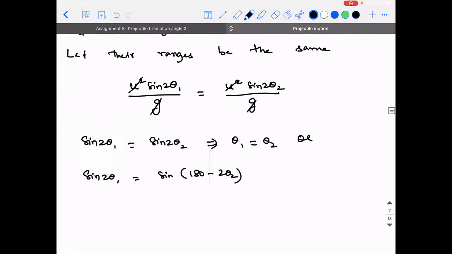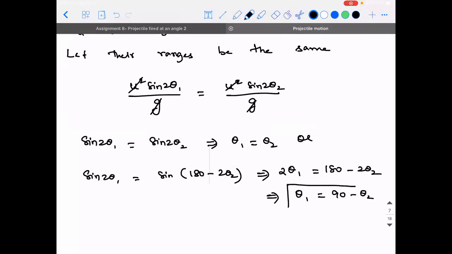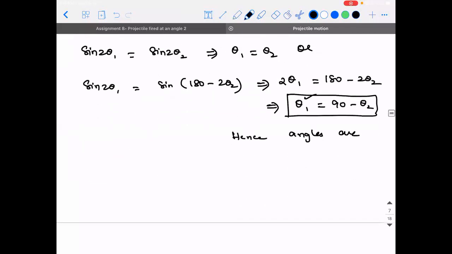So sin 2 theta 1 is equal to sin of 180 minus 2 theta 2, which implies 2 theta 1 is equal to 180 minus 2 theta 2. Then theta 1 will be equal to 90 minus theta 2. Means if one of the angles is theta 1, the other angle will be 90 minus theta 1. You're able to understand? Hence, angles are supposed to be complementary.